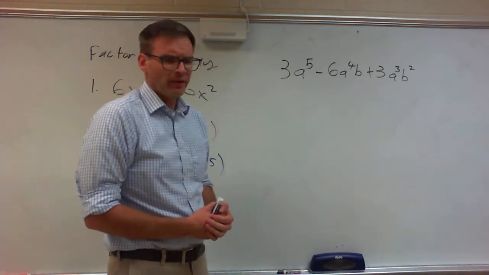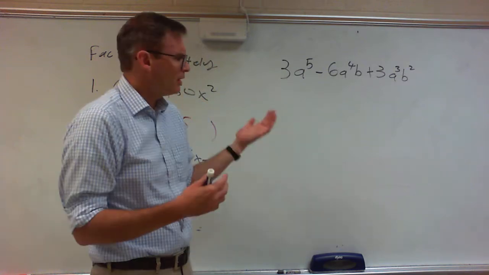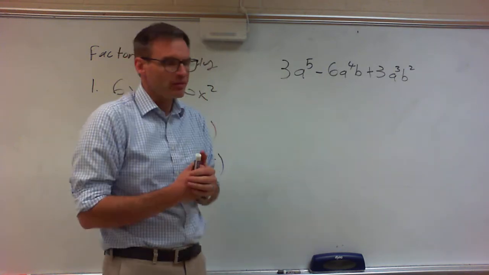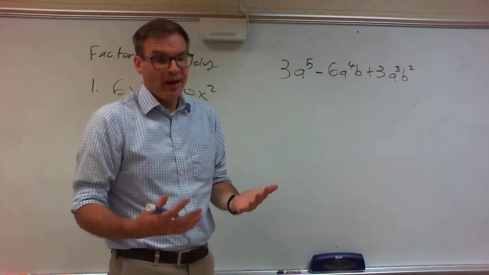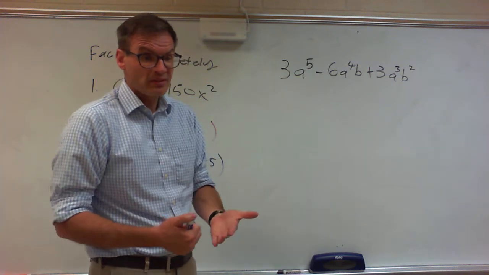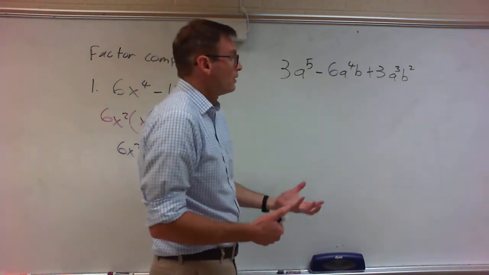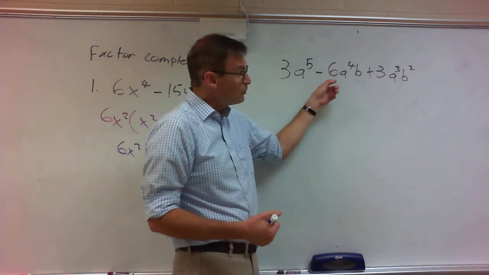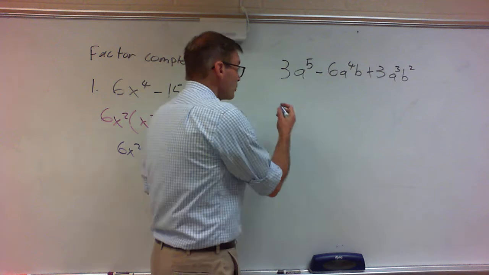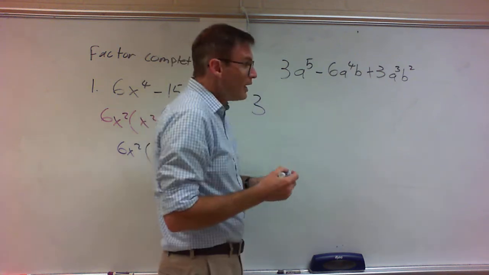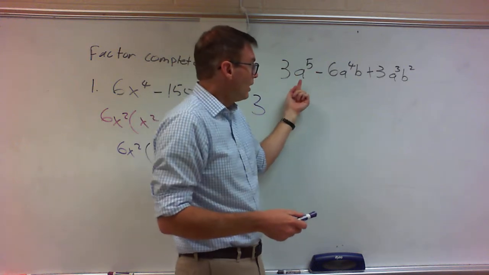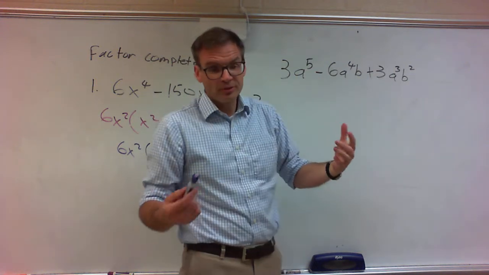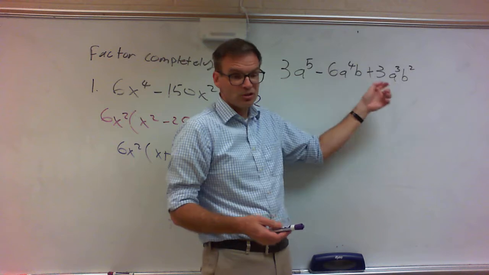It looks pretty ugly, right? The numbers aren't real nice, and you've got multiple variables and different powers. The first question you always ask is, what's in common? I see there's a 3 that goes into everything, so there's a 3 in common. There's not a b in every term, but I see that in each of the terms there's an a.